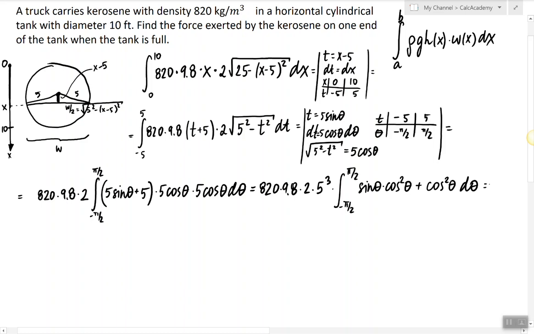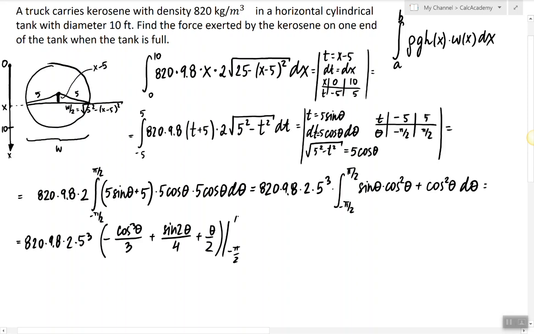Now each of these parts of the integrand can be easily integrated. The antiderivative of sine theta cosine squared theta is just negative cosine cubed theta over 3, and the antiderivative of cosine squared theta is sine of 2 theta over 4 plus theta over 2, and all that is evaluated from negative pi over 2 to pi over 2.